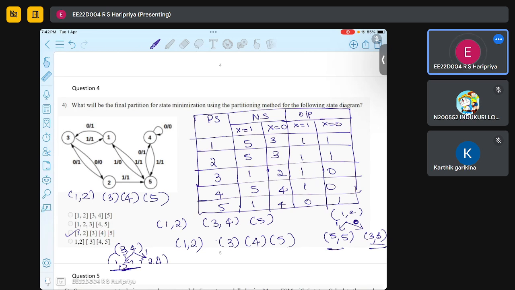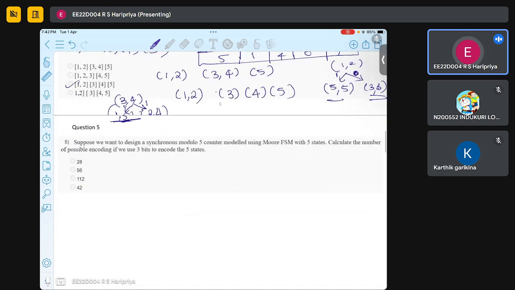Okay, next question. Suppose we want to design a synchronous mod-5 counter using Moore FSM with 5 states. Calculate the number of possible encodings if we use 3 bits to encode the 5 states. 3 bits, so total 2 to the power 3 combinations, which is 8 combinations. So out of 8, any 5 combinations?